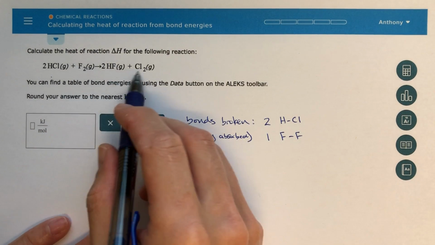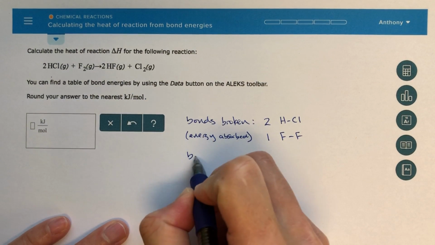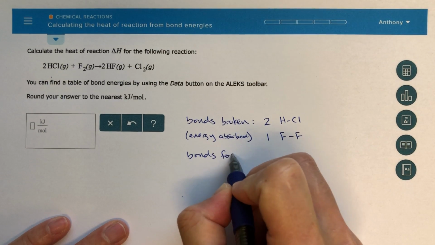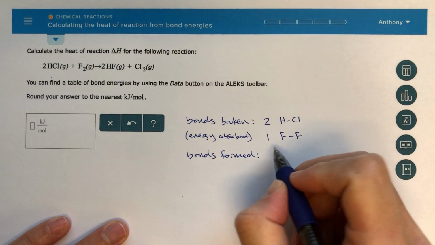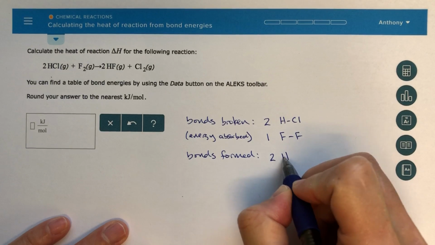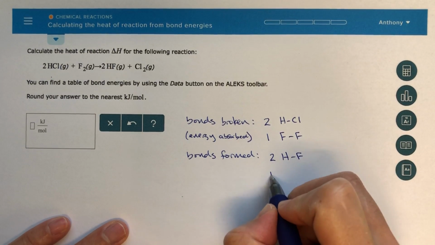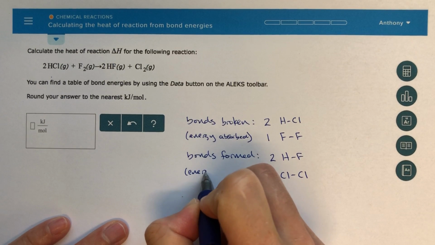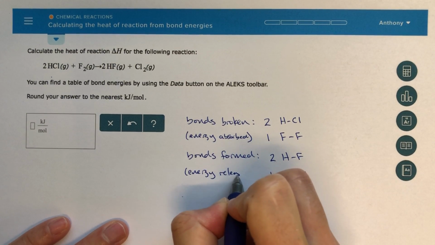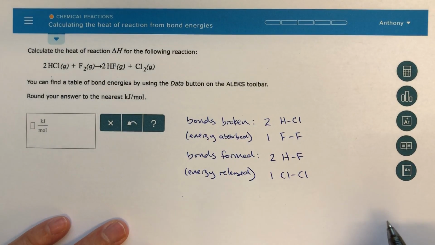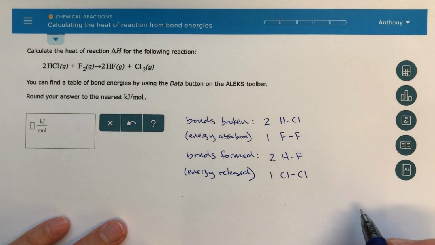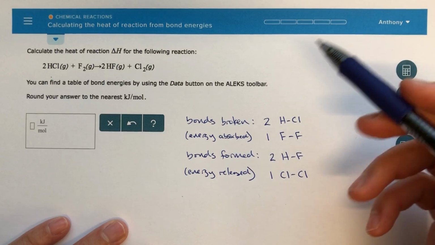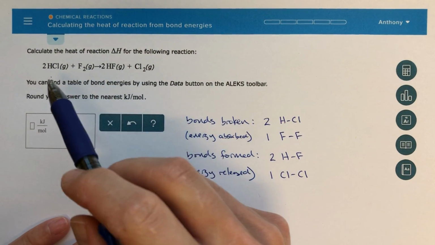Now, likewise, when we form bonds, energy is going to be released. So bonds formed, we're going to form two HF bonds and one Cl-Cl bond. This is going to be energy released. So when we do a chemical reaction, every single chemical reaction, we can imagine it's got two steps, and the first step is going to be breaking the bonds.